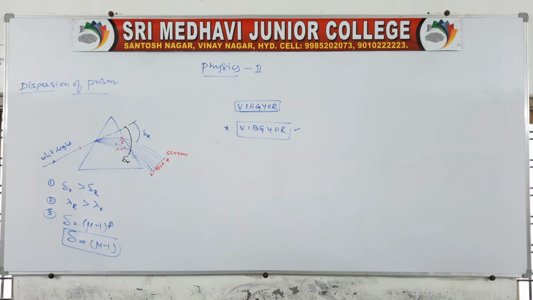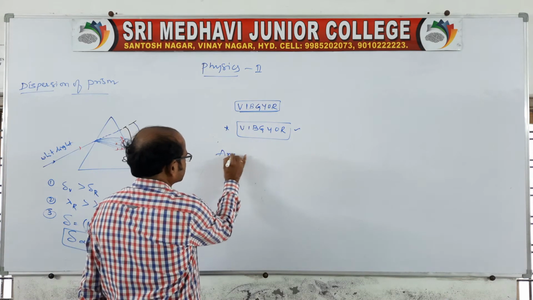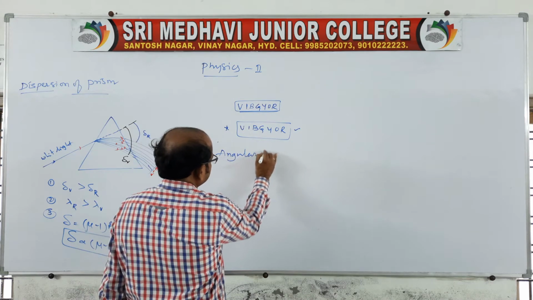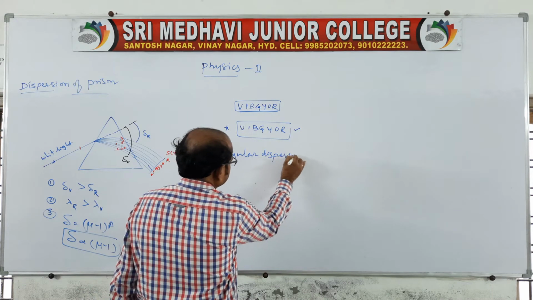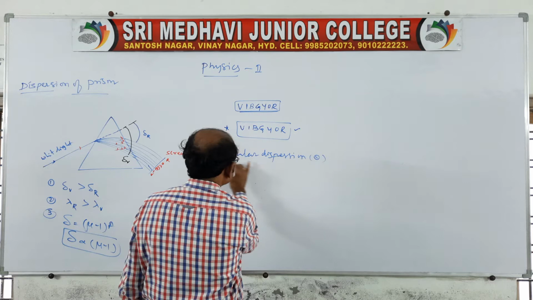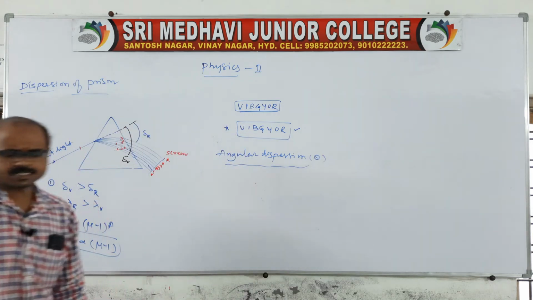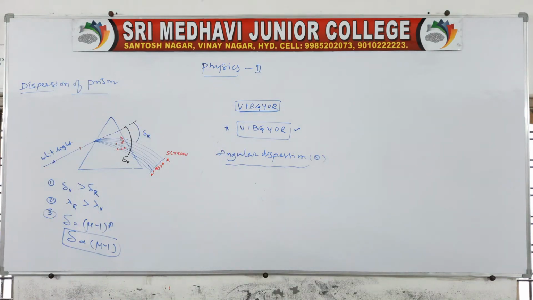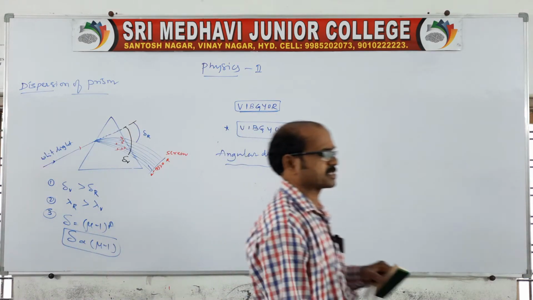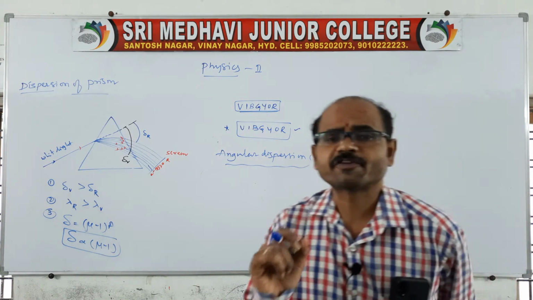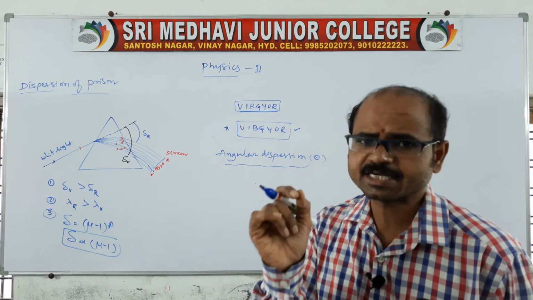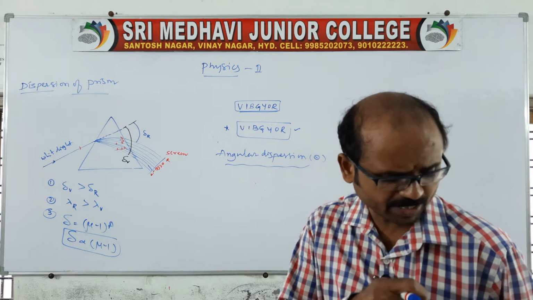Now we have another one, that is angular dispersion, theta. Sir, what is angular dispersion? Angular dispersion is nothing but the difference between the angles of deviation of any two colors.